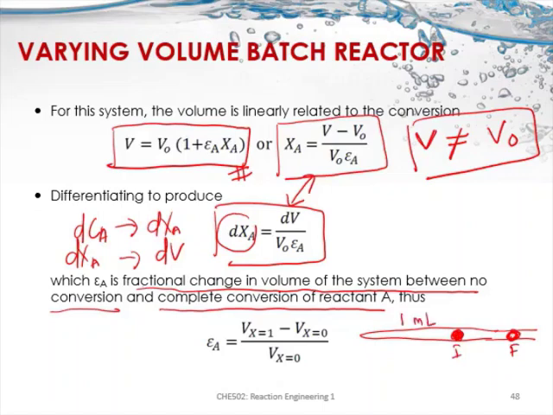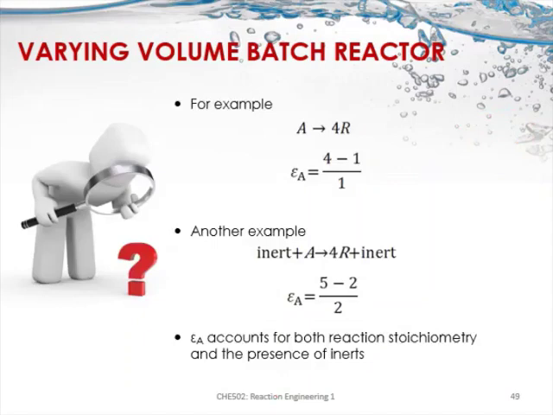After the reaction it is 1 plus 1, let's say 2 ml. Complete conversion. Let's say after complete conversion you have 2, and initially with no conversion it is 1, divided by 1. So the epsilon is equal to 2. So this is an example.